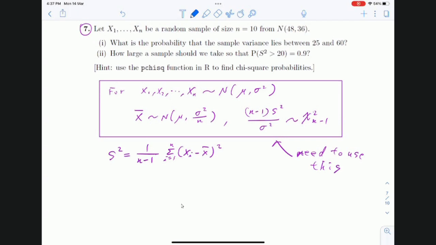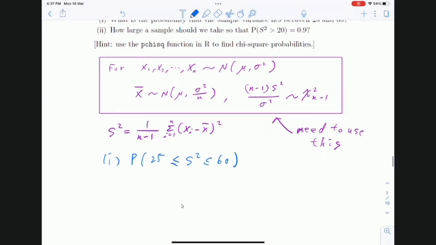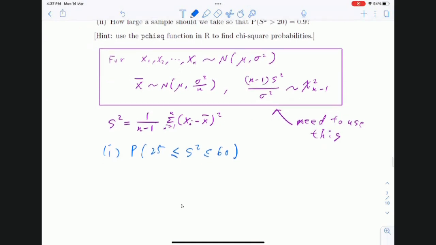So the approach to solve this problem in part 1: probability S squared lies between 25 and 60. We are asked to find this probability. Now for S squared, you need to find a nice distribution that is related to S squared based on this. So we substitute n and sigma squared in this.